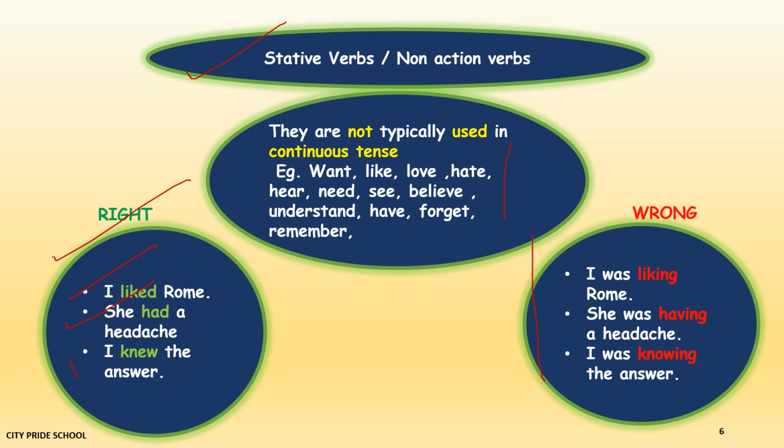I knew the answer, correct usage. Now the wrong usage is I was liking Rome. You should never and ever use liking. She was having a headache: having is the incorrect use, and I was knowing the answer is also an incorrect use of know.